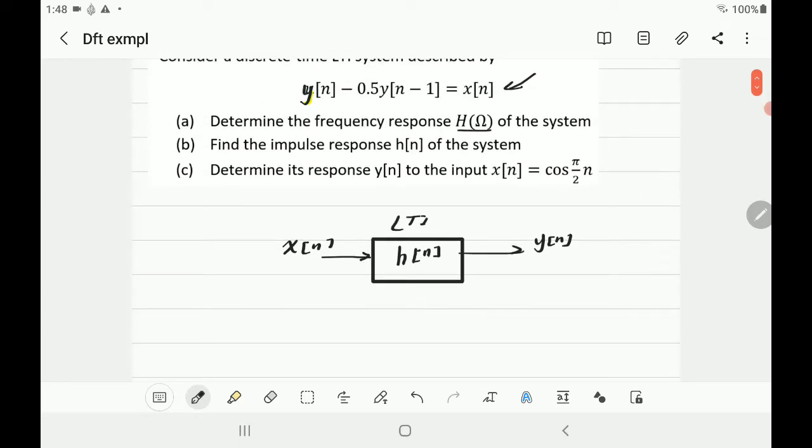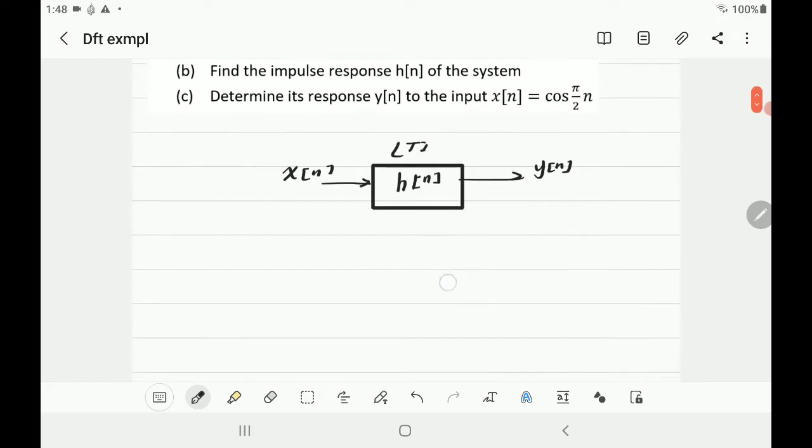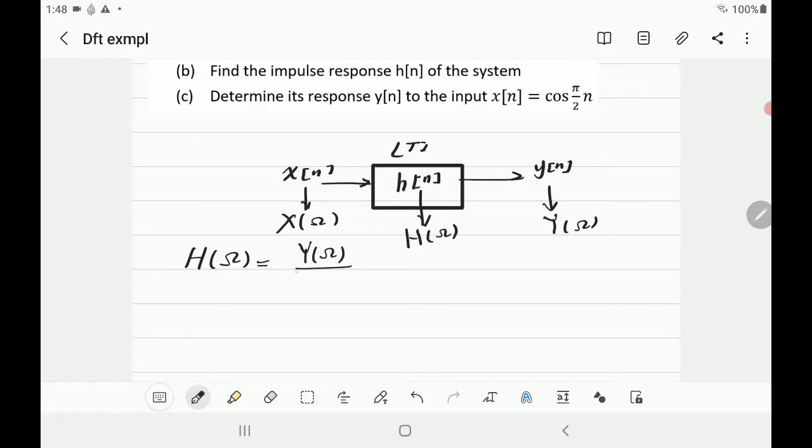If you want to find the frequency response H of omega of the system, you have to transform the input to X of omega, the output y of n to Y of omega, and the system to H of omega. What is the relationship between the input and output? H of omega is equal to the output divided by the input.